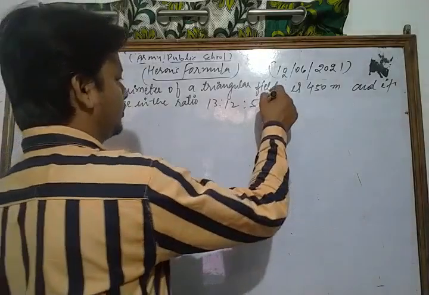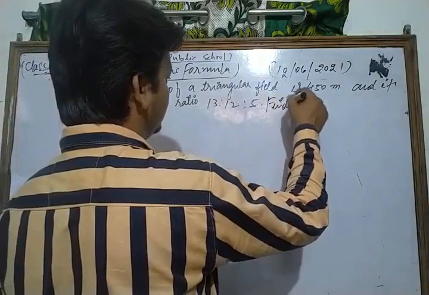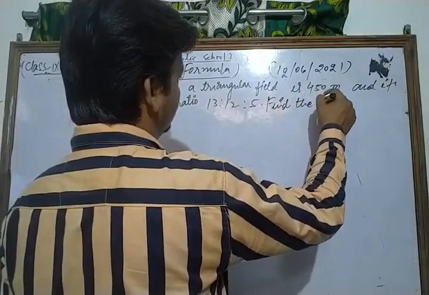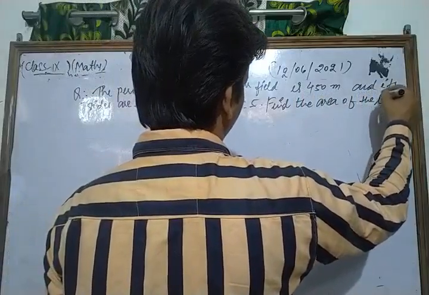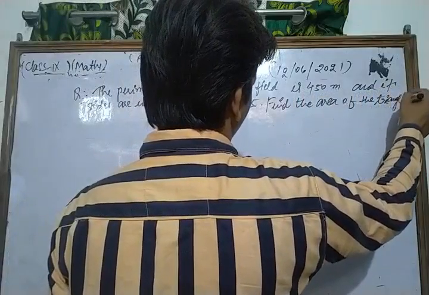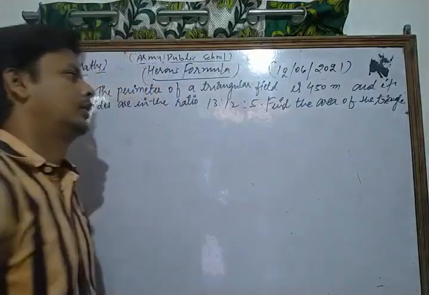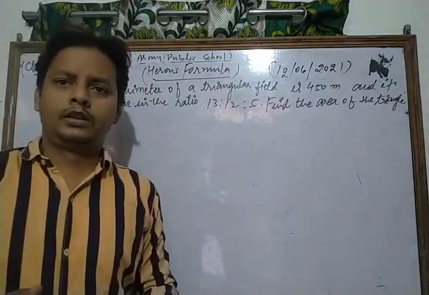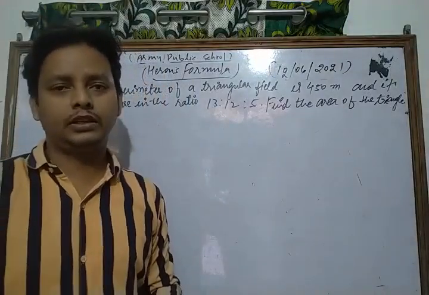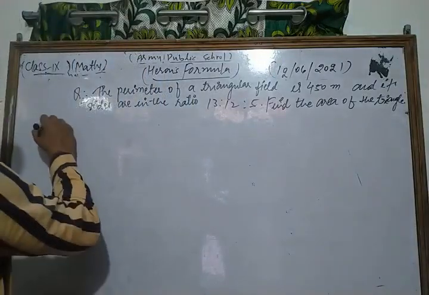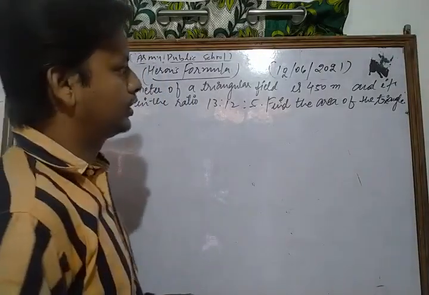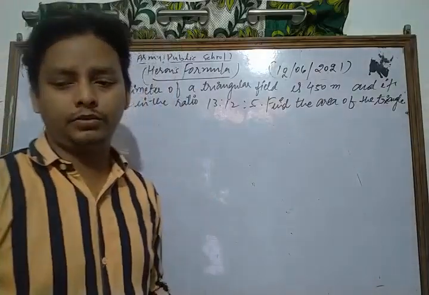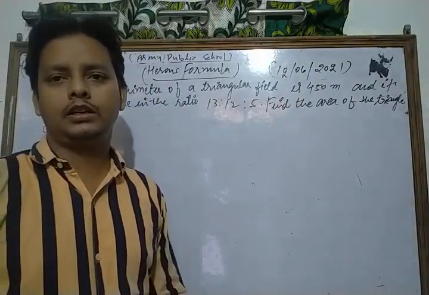Find the area of the triangle. Now let's see its solution. In that question, the sides of the required triangle are in the ratio.